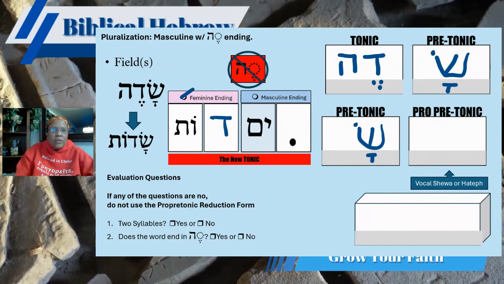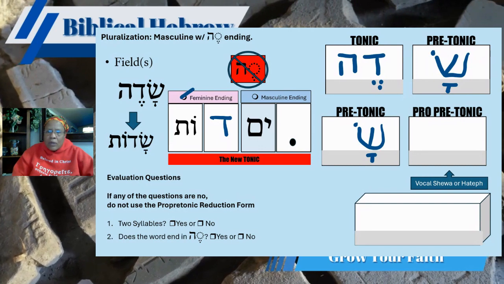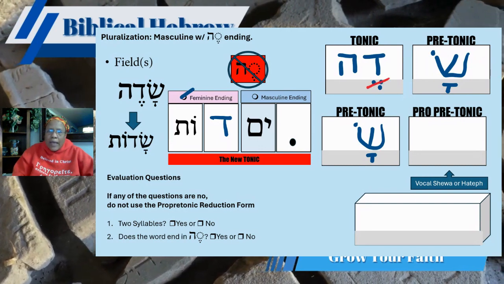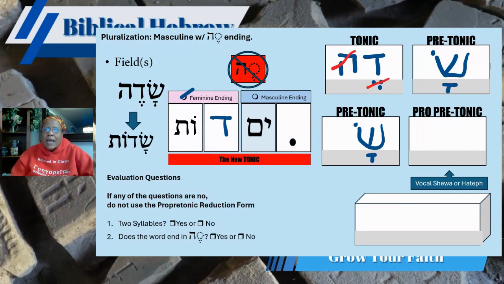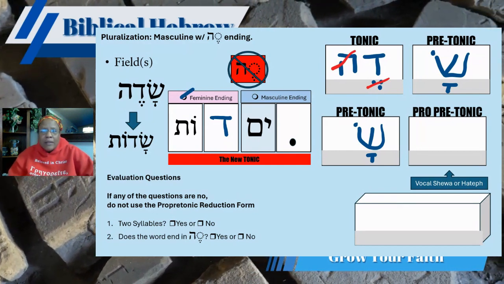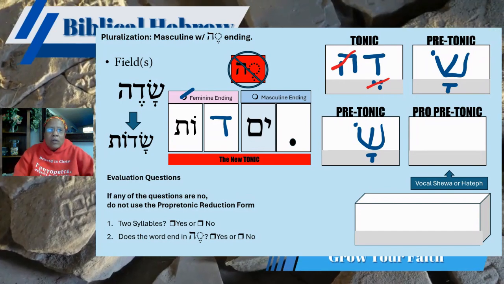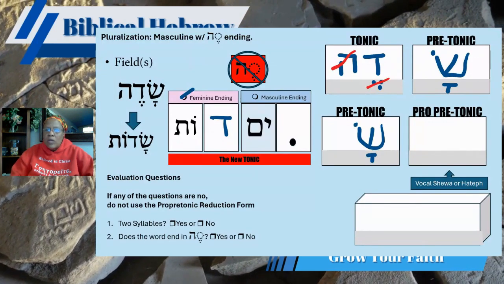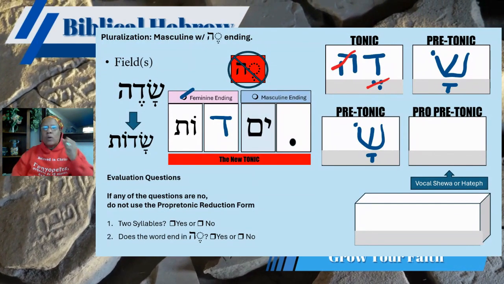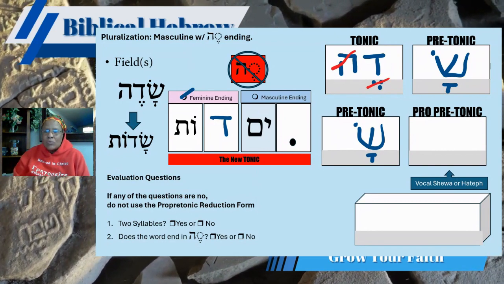Just for the sake of showing you, we literally got rid of the Segol and the hay. I like to think of this as being absorbed by the dalet. That's just a strong letter, so it absorbs the sound. It's like a sponge.